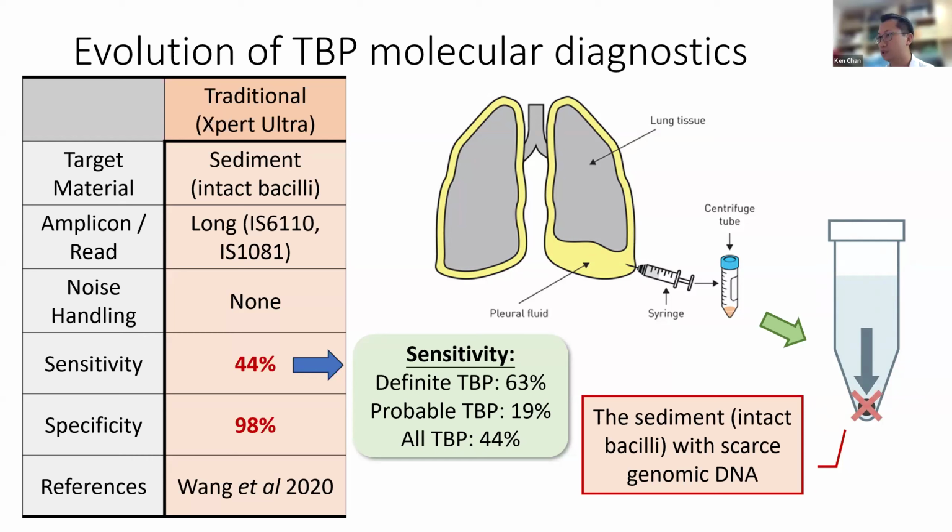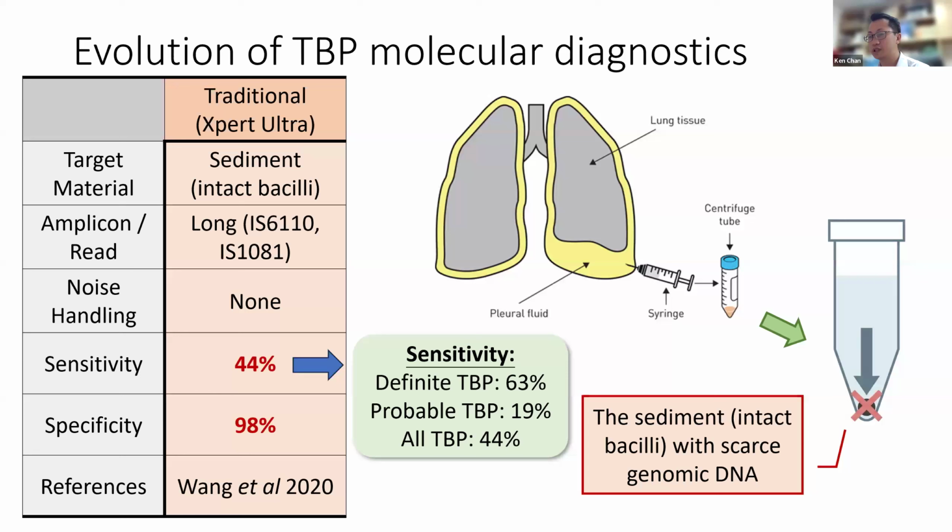The sensitivity is only around 44% with very high specificity. Now, the sensitivity is actually a bit different for those definite or probable TBP. If that's a pleural fluid MTB culture positive, the sensitivity is higher. But whenever there is a negative TB culture in the pleural fluid, sensitivity drops significantly.